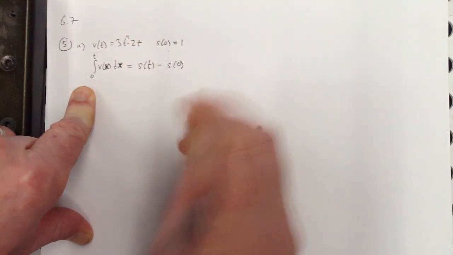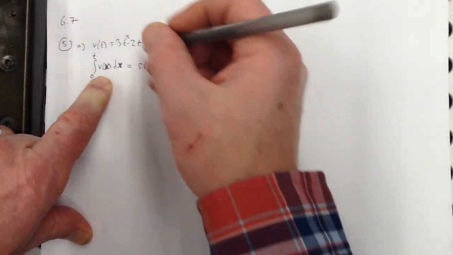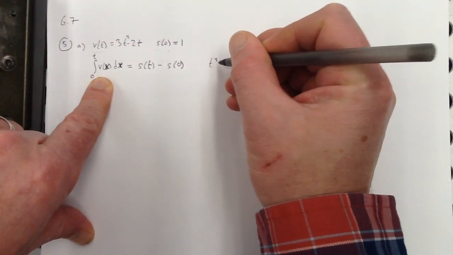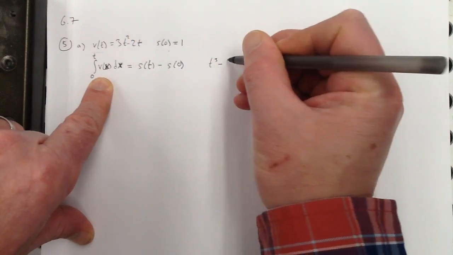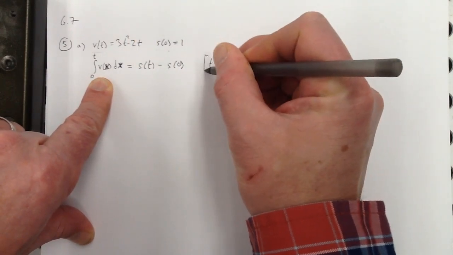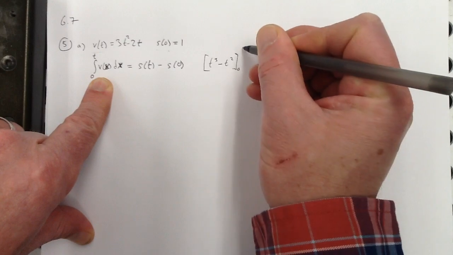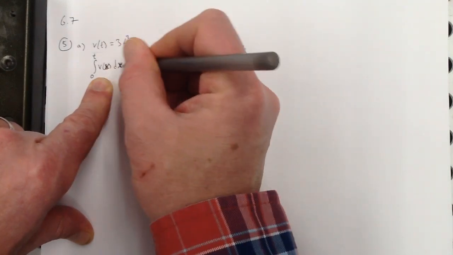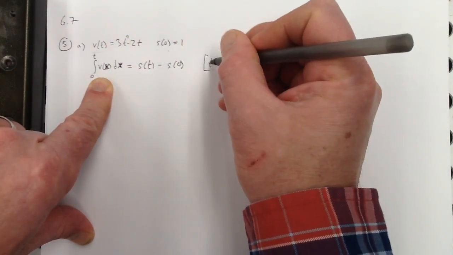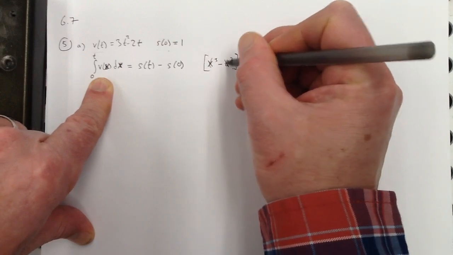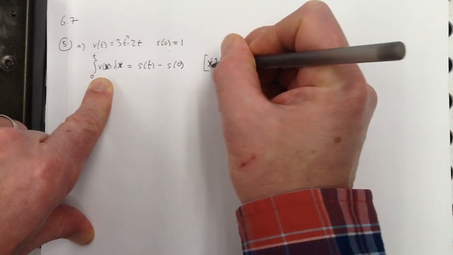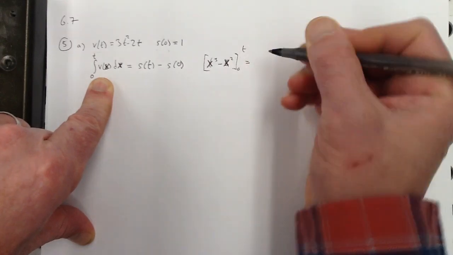All right, did I forget a square on that? I did. What's the antiderivative of that? So this is t cubed minus t squared from 0, v of x, should be x's in there. It's really just a formality, it shouldn't mess us up at all.